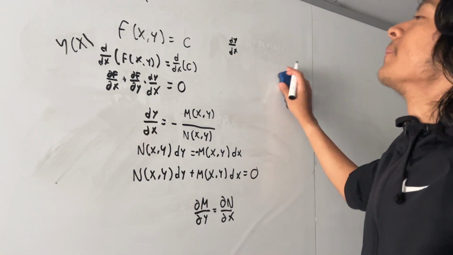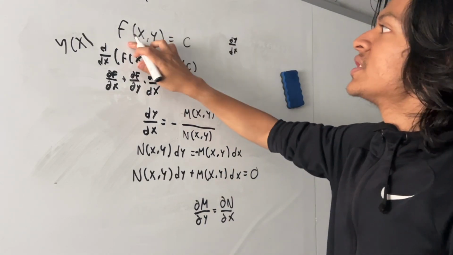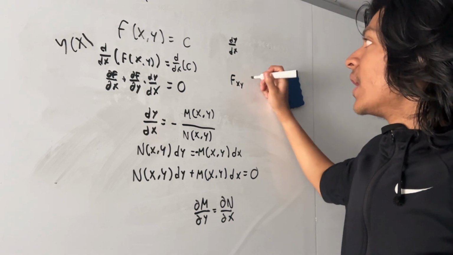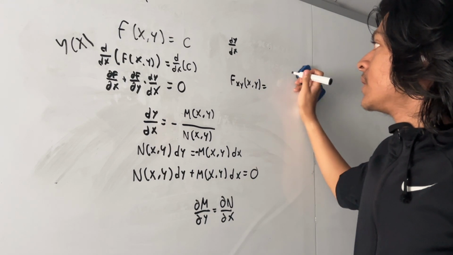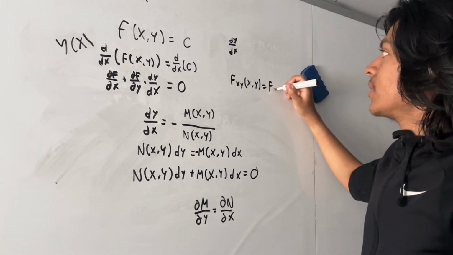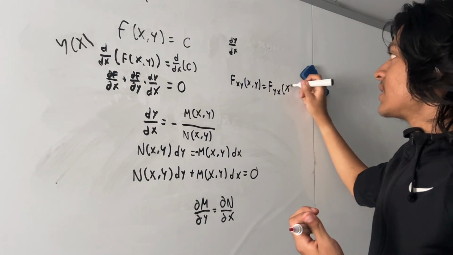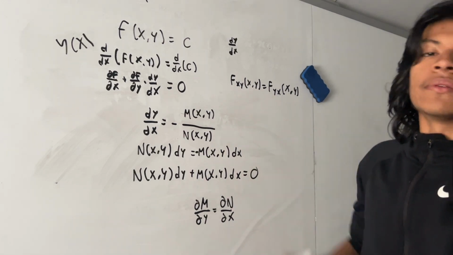Because when you take the derivative of f with respect to x first, then y, that has to be the same as taking the derivative with respect to y first, then x. So these two are pretty much the same thing.